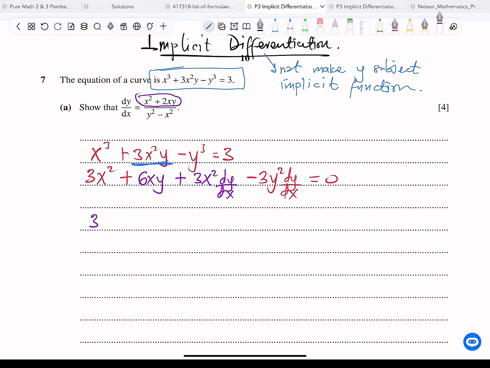That means that we need to keep 3x squared plus 6xy here, and then we need to move the dy dx to the other side, okay? We are just basically grouping like terms. So we have our 3x squared dy dx minus 3y squared dy dx.